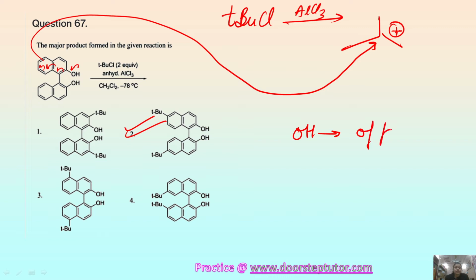The substitutions will come on ortho and para positions, but the ortho position is very sterically hindered. This is also sterically hindered. This is also sterically hindered. Meta will not happen. Ortho and para positions always happen. So the second is the correct answer, because the para product is the major product because of the less steric hindrance.